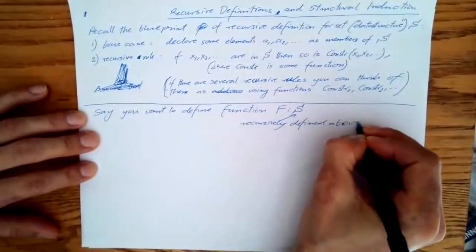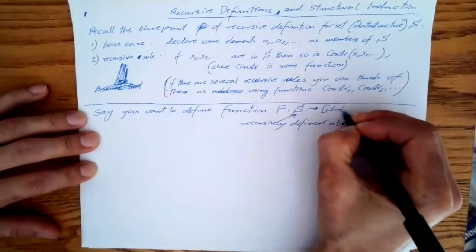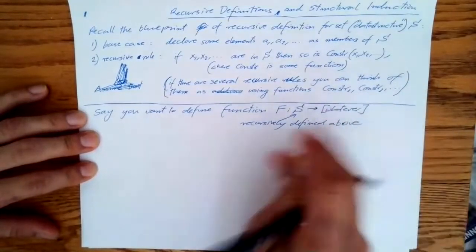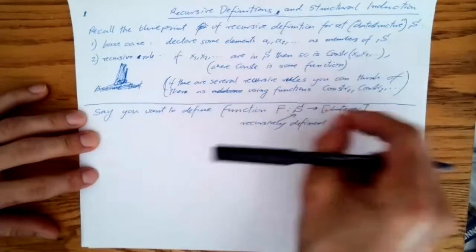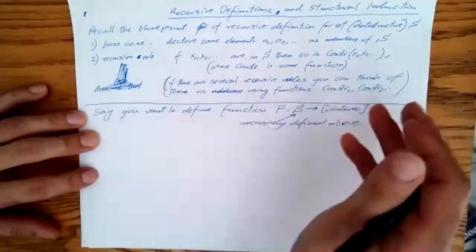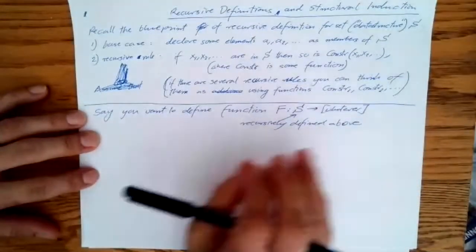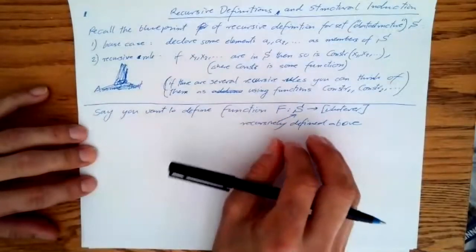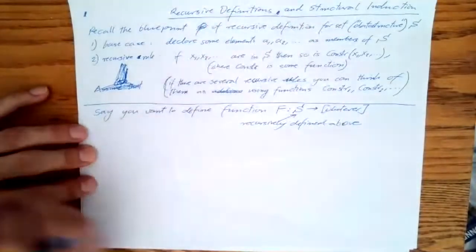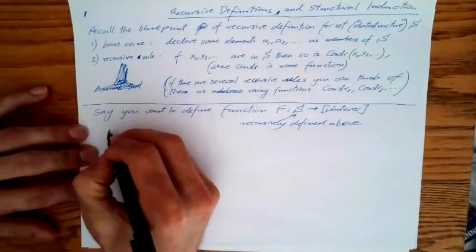And the range doesn't really matter. So whatever the range is, nothing is going to change. You know, if I want to have a function that outputs Boolean, or a function that outputs integers, or whatever, right? So it really doesn't matter. How can I define a function whose domain is this kind of recursive set? Well, like this.